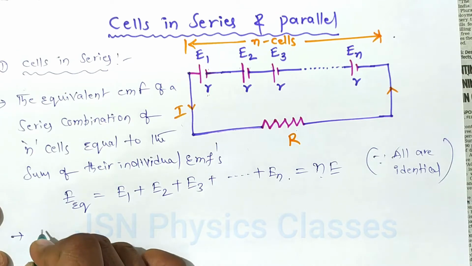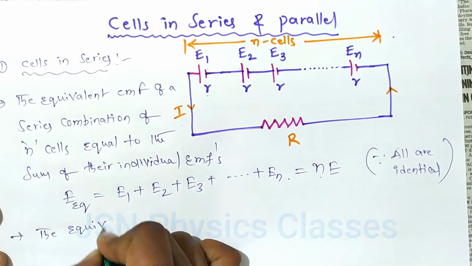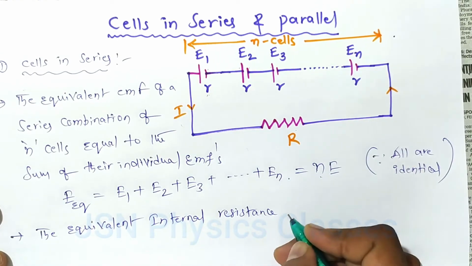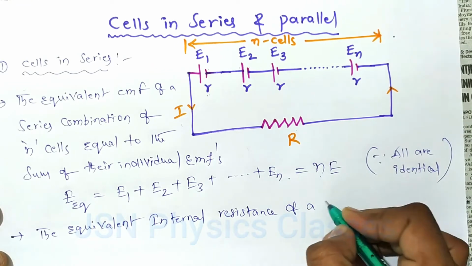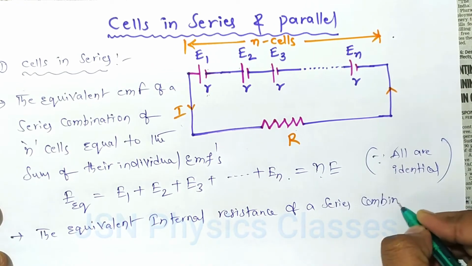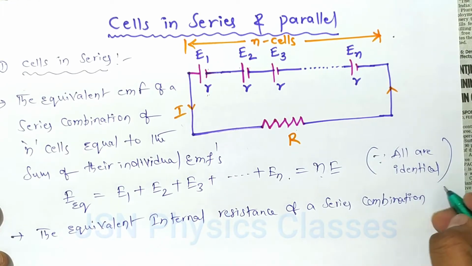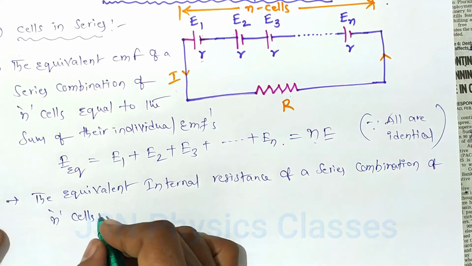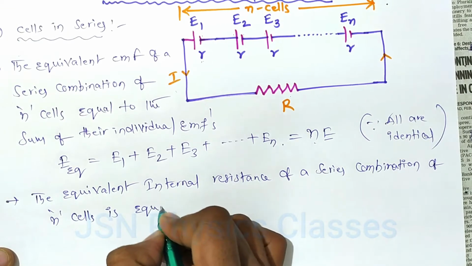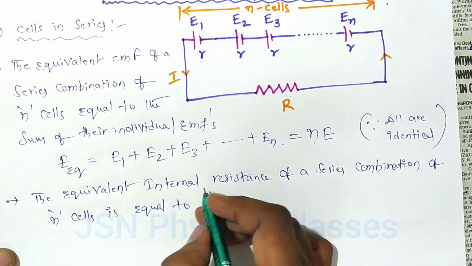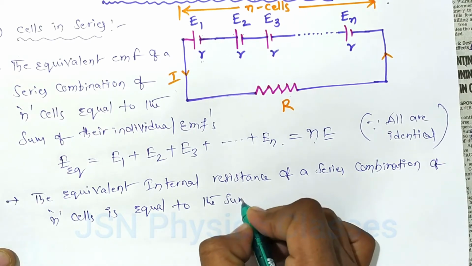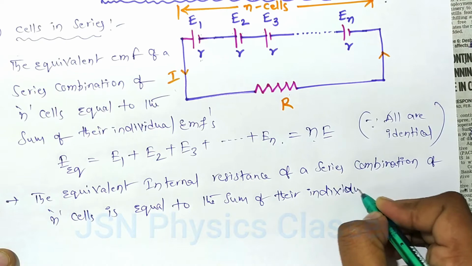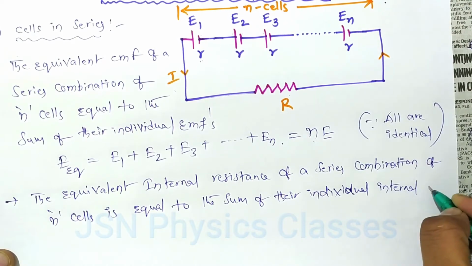So the equivalent internal resistance of a series combination of n cells is equal to the sum of their individual internal resistances.